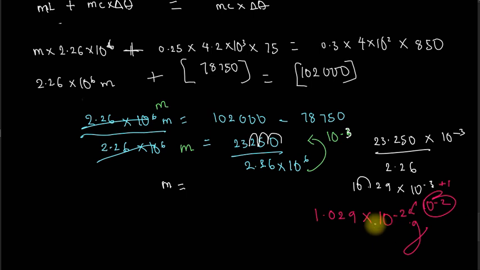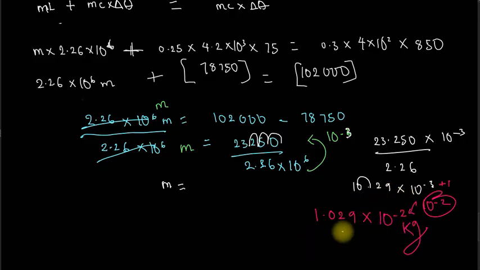That's like 0.01 kilogram, because we converted our units, remember. 300 gram converted to 0.3 kilogram. 250 gram converted to 0.25 kilogram. So our answer is in kilogram.